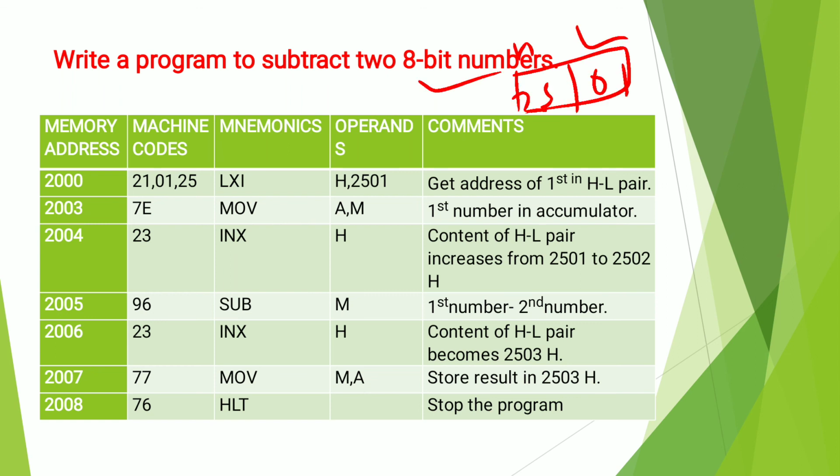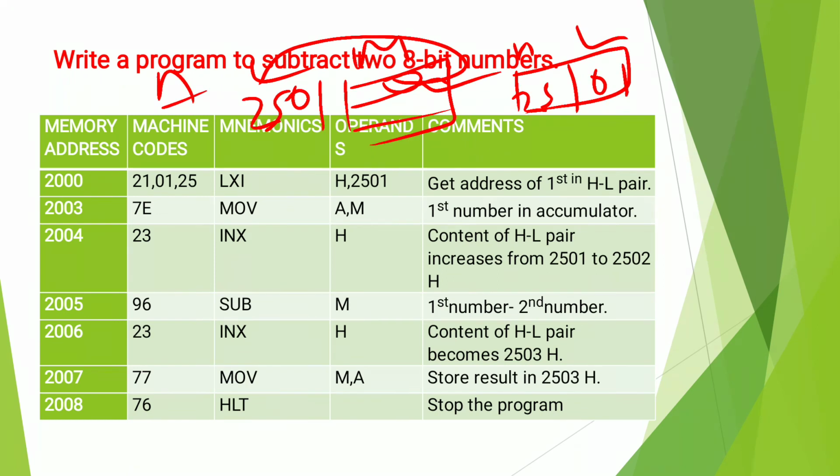Memory location whose address is in the HL pair. Now check in memory at location 2501 which data is stored. This data is moved to the accumulator by using the MOV instruction. First number in accumulator.